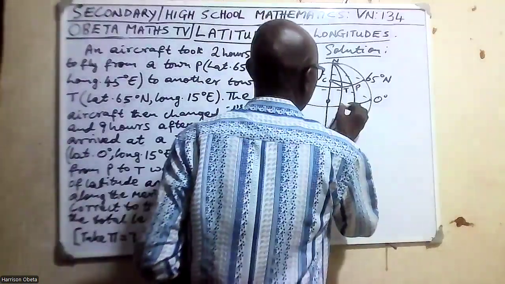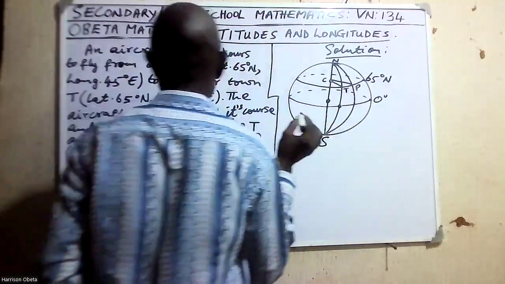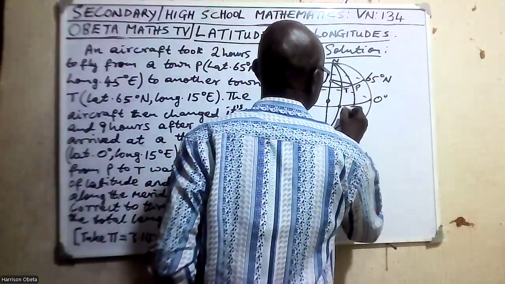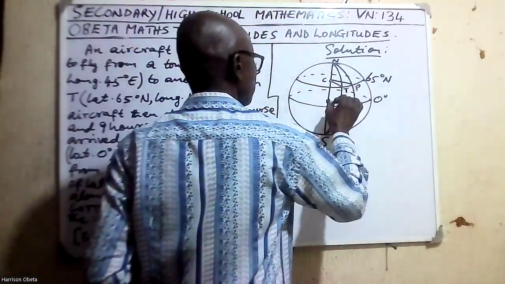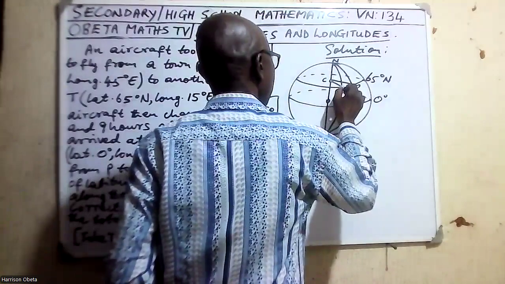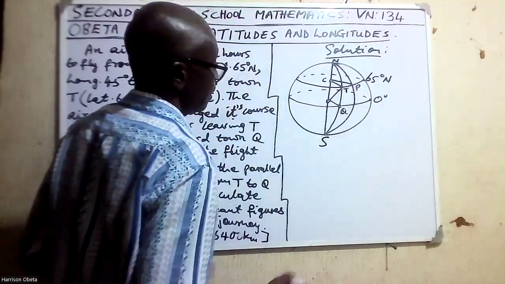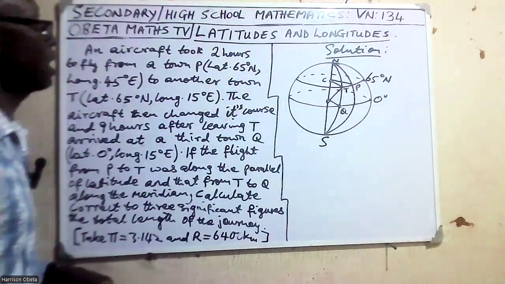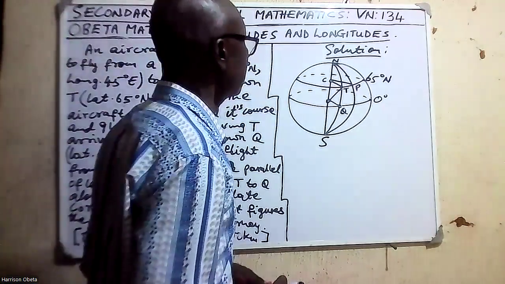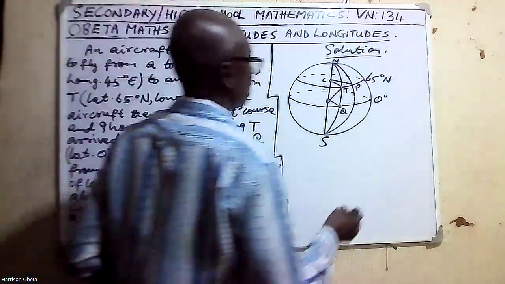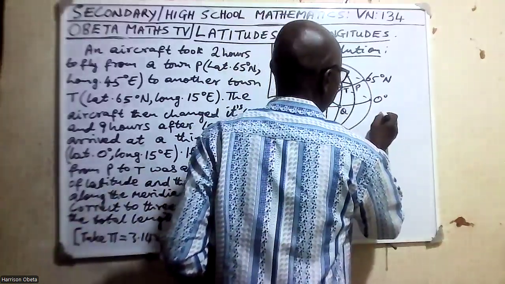That means we are now talking of this place, and that should be our Q. So for this one, we are going to have this and this. Now let us start first of all by getting our angular difference, and then we solve. So bringing out this one should be 0. So we have this.